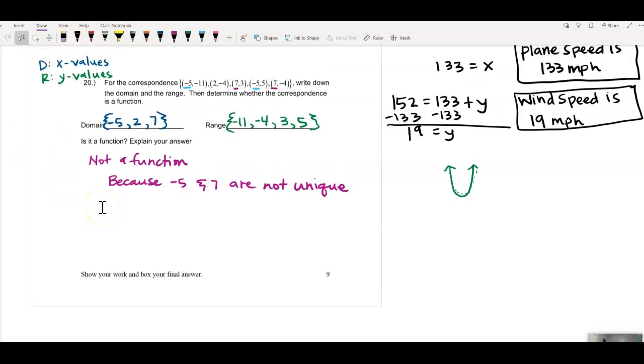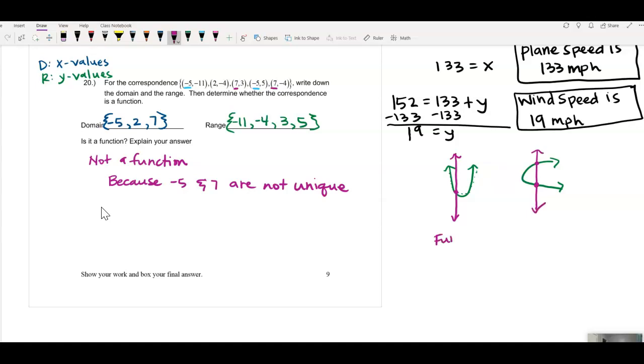Okay, and remember, if you're trying to look at a graph to tell if it's a function or not, you do the vertical line test. So this would be a function because it's only hitting in one place. But if I had a sideways parabola, and I did the vertical line test, this would fail because it's hitting in two places, right?